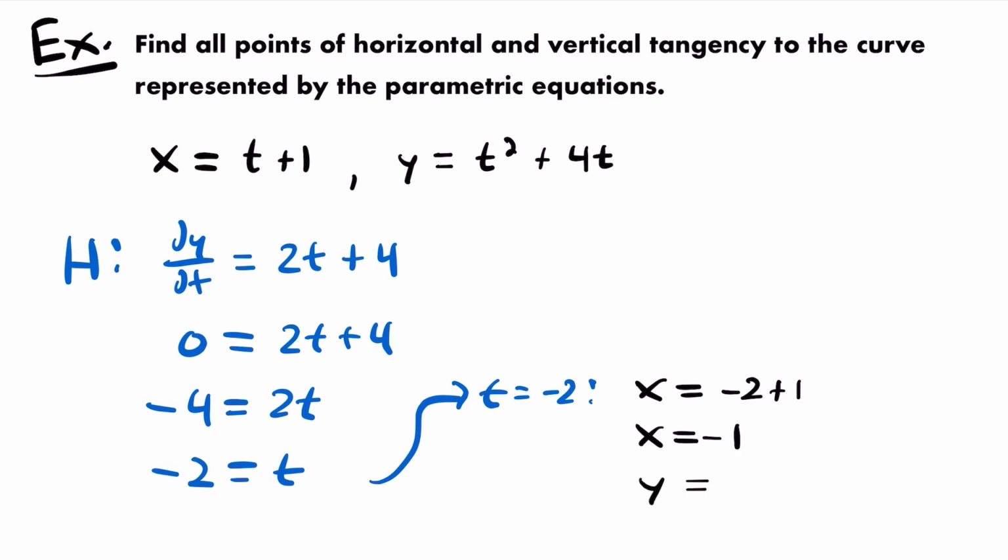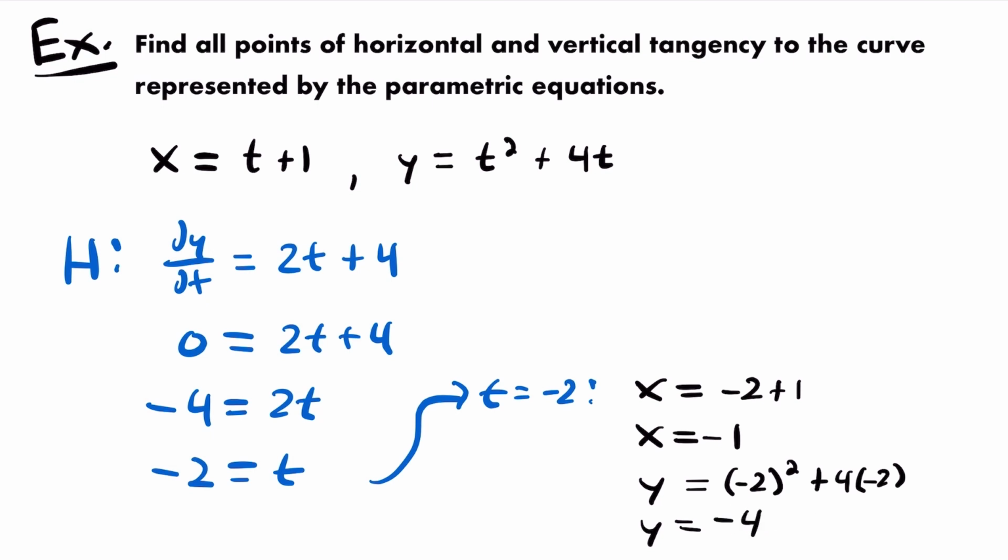And then y is equal to (-2) squared plus 4 times -2. (-2) squared is 4, so y is equal to 4 plus 4 times -2, that's -8, so really we have 4 minus 8, and 4 minus 8 is -4, so y is equal to -4.